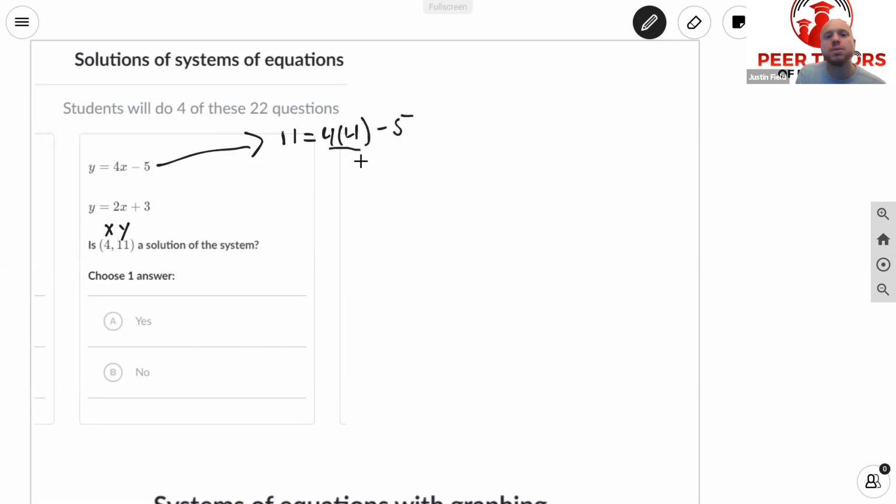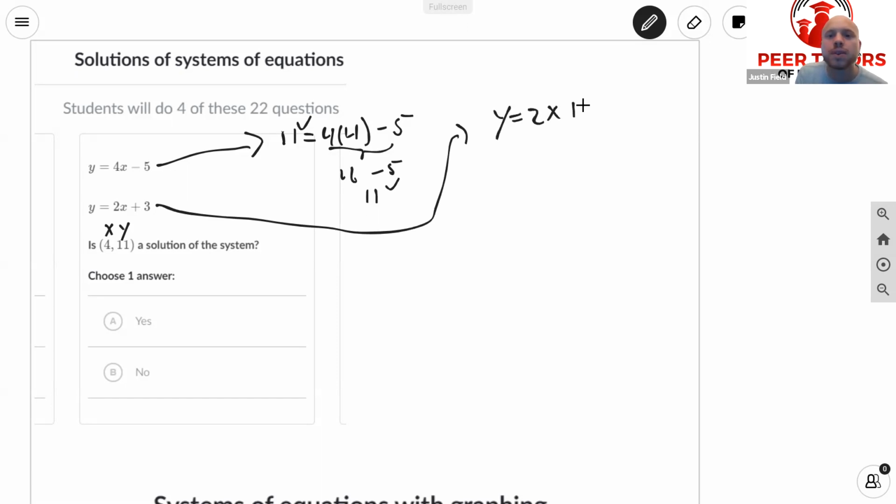Now I'm gonna simplify on this side, so 4 times 4 is 16 minus 5. 16 minus 5 is 11. Hey, that's what there was on the other side. So that checks. Okay, now let's do the same thing over here for y equals 2x plus 3. But I'm going to substitute in for 11.